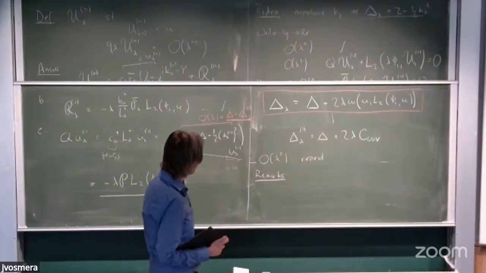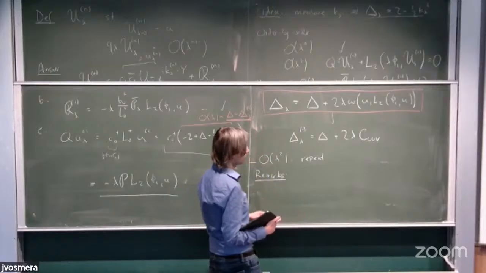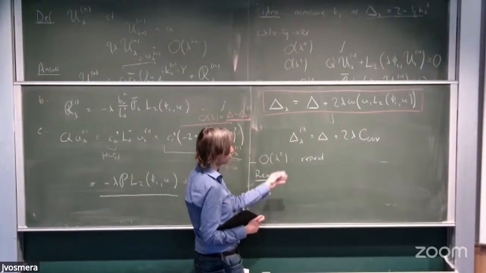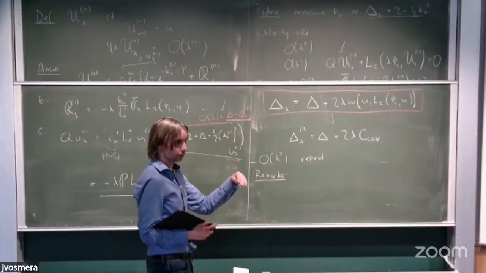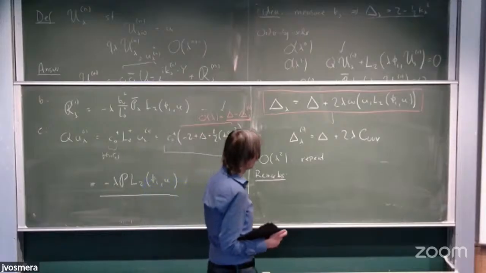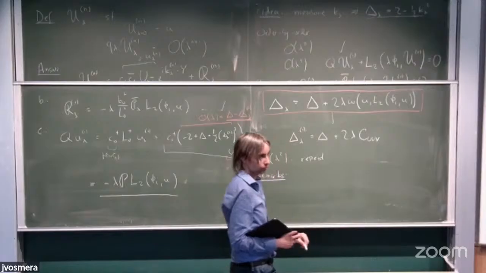What I wanted to do in this example was take this result for the shift in the scaling dimensions of the matter CFT. In the case of the free boson, we can compare it with the known behavior of the scaling dimensions as a function of the radius. That we can use to fix the relation, at least to the leading order, between lambda and the change of the radius.